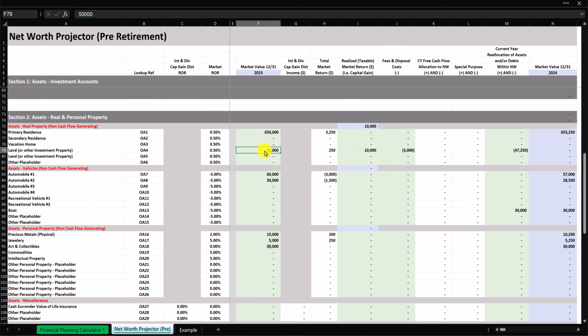So inherent in these four columns right here would be the notion that the actual fair market value of the land is $50,250, and of course in the real world it's never going to be exactly the same amount that we've been projecting. But for purposes of this example, let's just say it's $50,250 is the fair market value, and we have a $10,000 capital gain associated with it, which would mean that the basis would have to be $40,250.